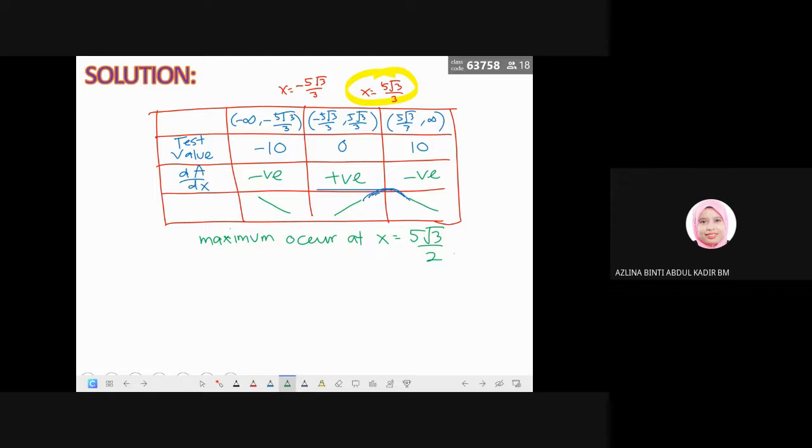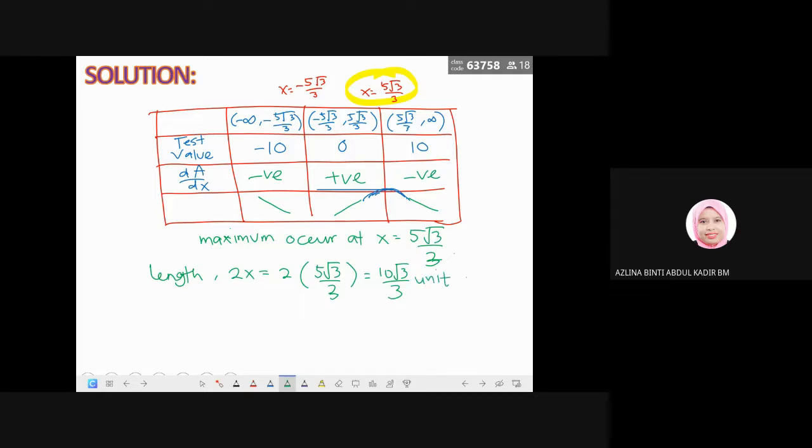Okay, then soalan dia nak cari what length and width. Right. So length is 2x. So 2x is equals to 2 times 5 root 3 over 3. Tekan calculator. So 10 root 3 over 3 unit.